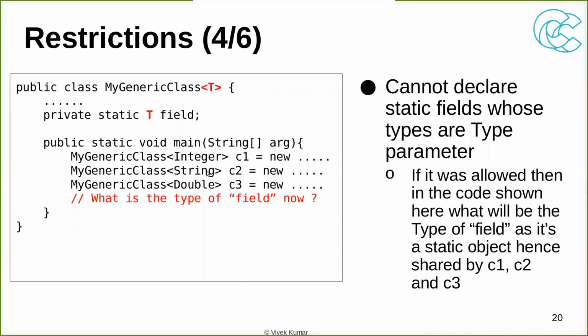Now, in the second case, you are saying that all the T should be of type string. So now if you take these two statements, field is something that's common for all instances, C1, C2, C3. So that's an issue that comes up. That's why you cannot have static of generic type.